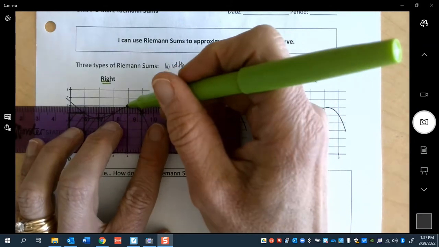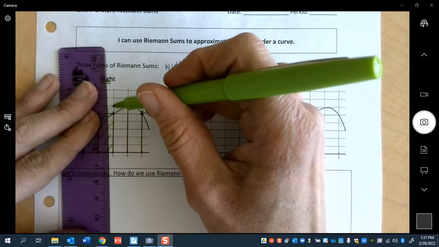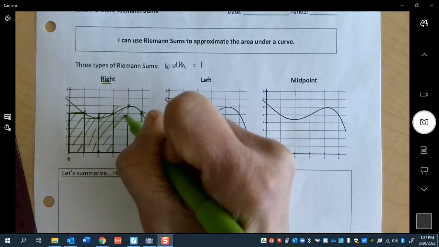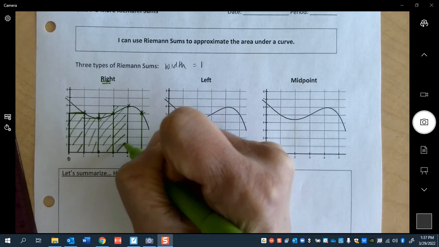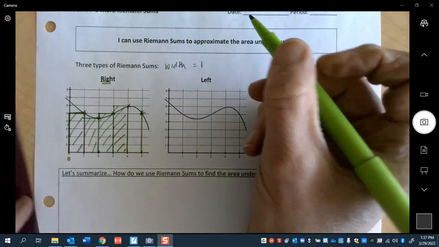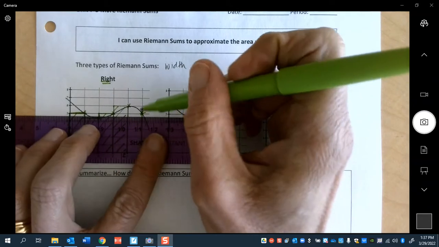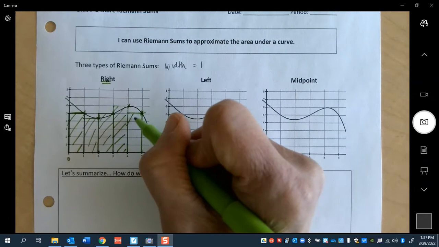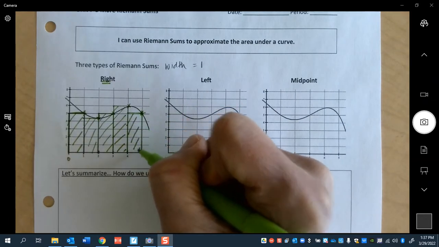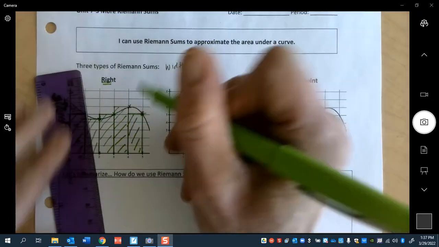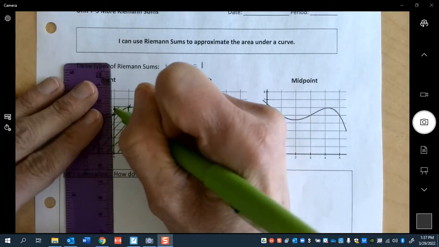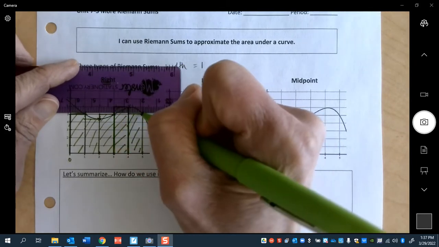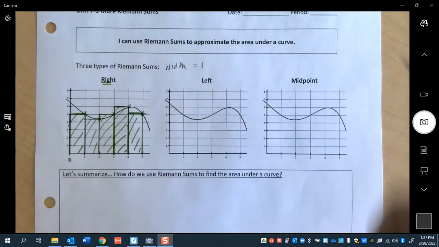Notice here I've overestimated beyond the curve. Now that my curve is decreasing again, my right-hand sum results in an underestimation. So by finding the area of each of these rectangles, it allows me to estimate the area underneath that curvy shape.